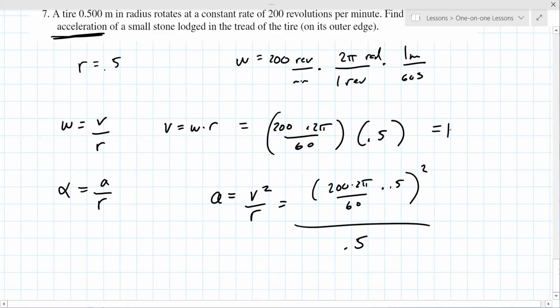I think you said this was 10.5-ish. Yeah, it is 10.5 meters per second. So this one is going to be a big number, but 221. Sounds about right.